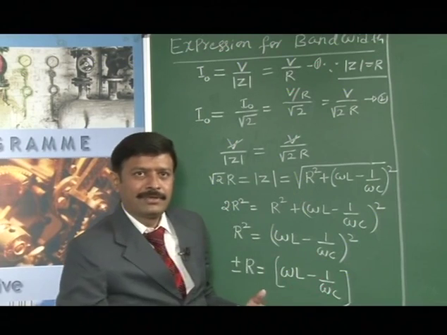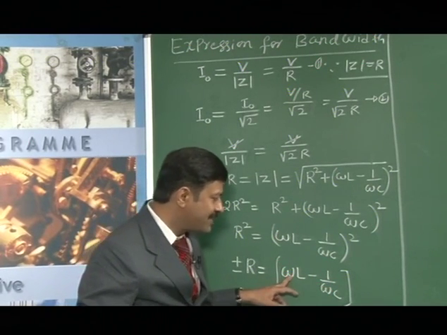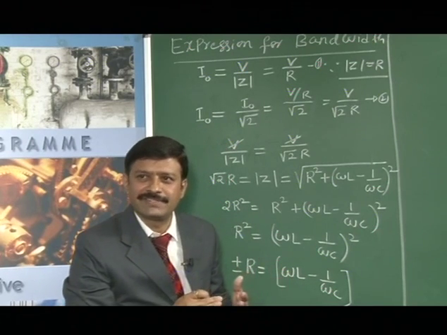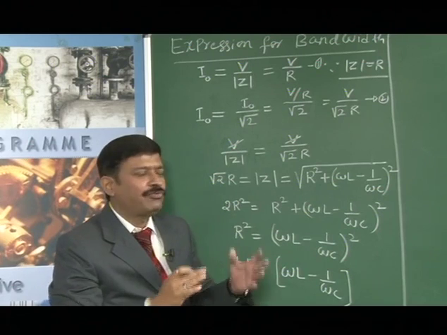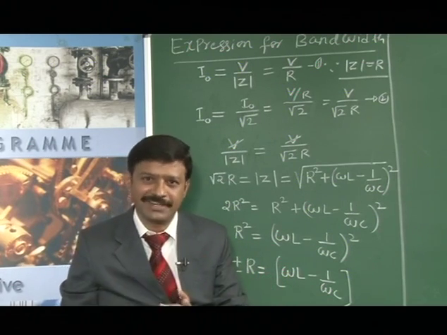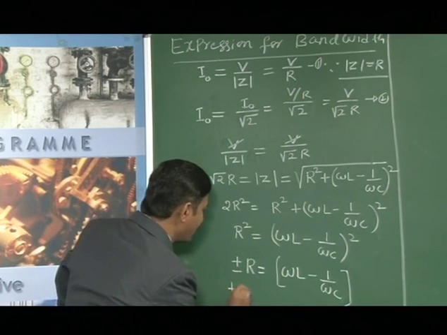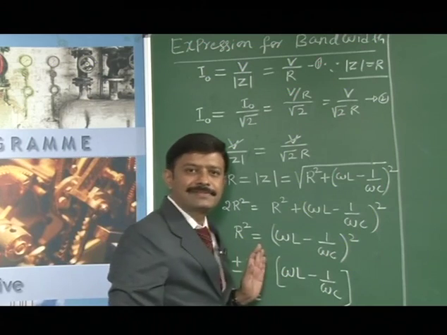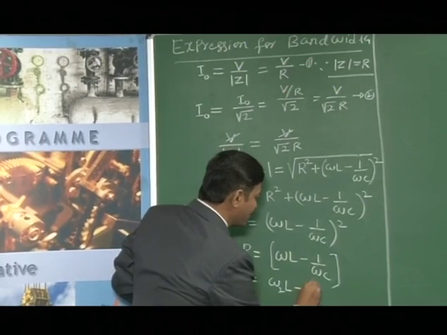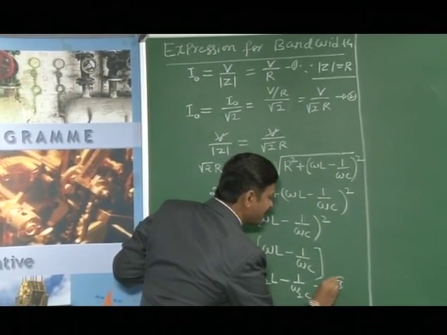Here, there are two frequencies, one is the higher cutoff frequency, another one is the lower cutoff frequency. I will form two expressions for this, one for plus R, another one for minus R. So, I will write the plus R expression as omega 2 L minus 1 by omega 2 C. Call this equation number 3.